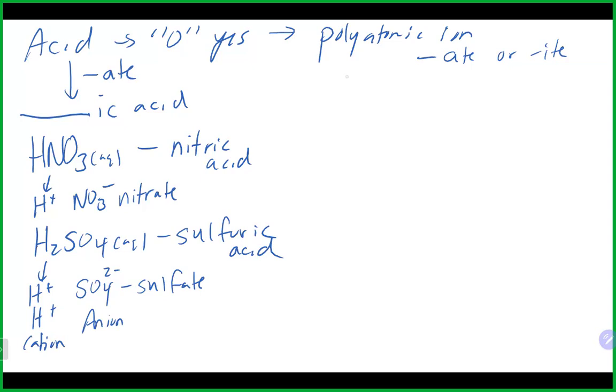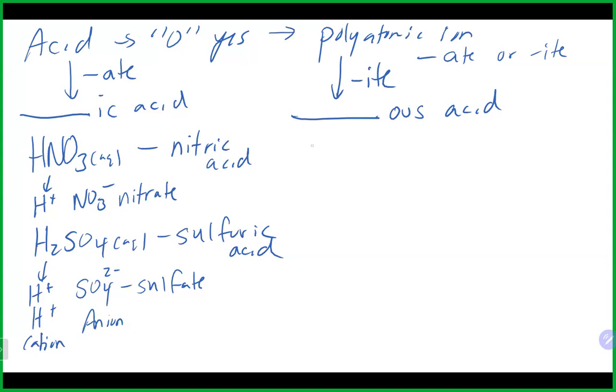That means that if your polyatomic ion name ends in ite, your acid would be something-OUS acid. Also, no hydro. So hydro for acids are only for ones that do not contain oxygen. So no oxygen, hydro. If you have oxygen, leave the hydro off of it, yeah?